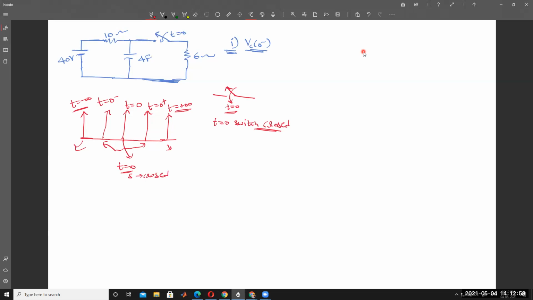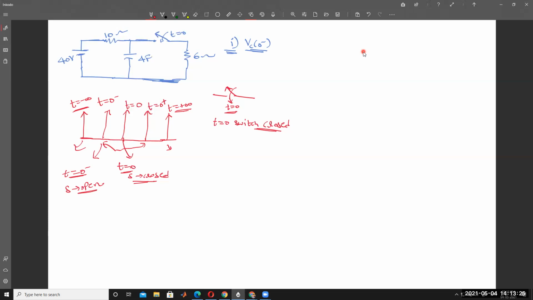If it is closed at t equals 0, what is the position of the switch before? At t equals 0 minus, the switch is open, and then only is it possible to close at t equals 0. At t equals 0 plus it is also closed, and at t equals plus infinity it is also closed.